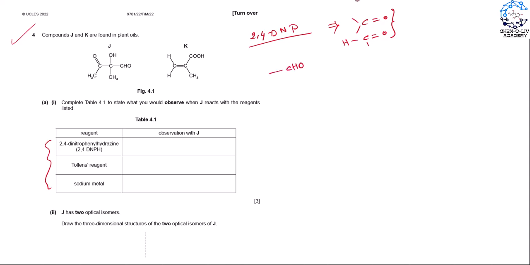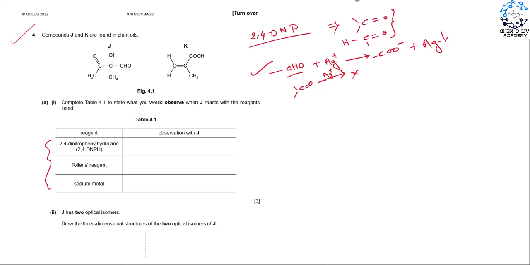Ammoniacal silver nitrate solution, containing Ag plus, is the Tollens reagent. It oxidizes CHO to become COO minus, and itself is reduced to form silver. So a silver mirror is precipitated. In this reaction, only aldehyde is going to react, but no ketone. A ketone cannot be tested with this Tollens reagent.